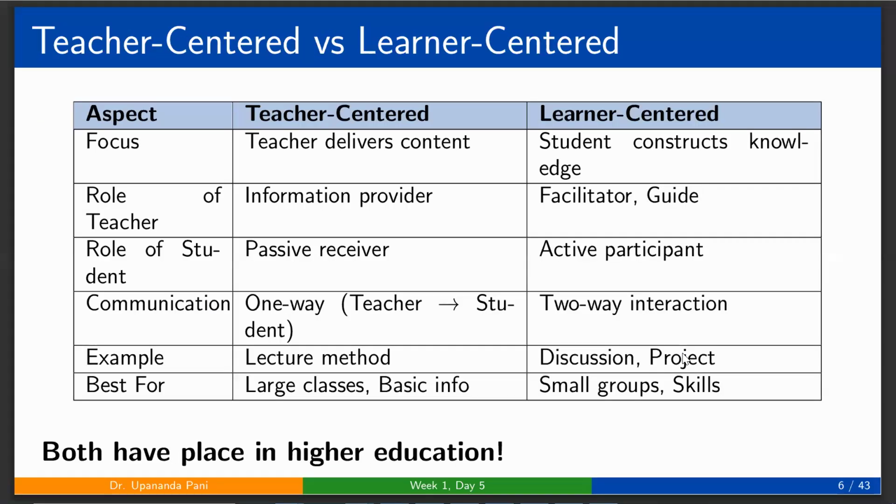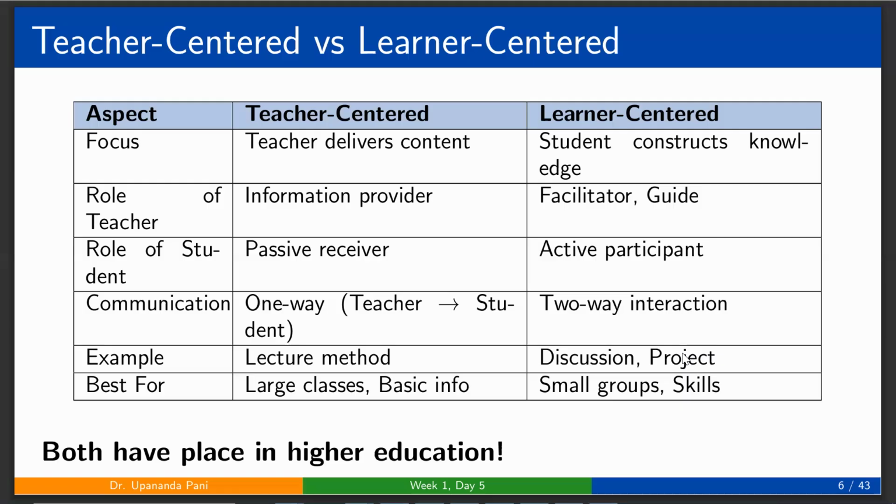Teacher-centered versus learner-centered. How can we differentiate? Based on the focus, in teacher-centered the teacher delivers the content; in learner-centered the student constructs knowledge. Role of teacher: in teacher-centered it is just to provide information, while in learner-centered the teacher is a facilitator and guide.